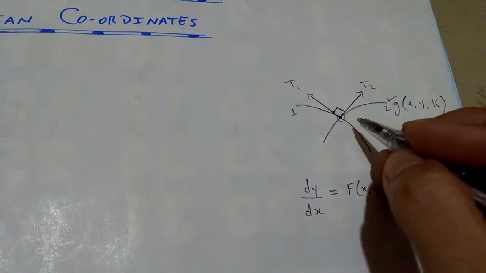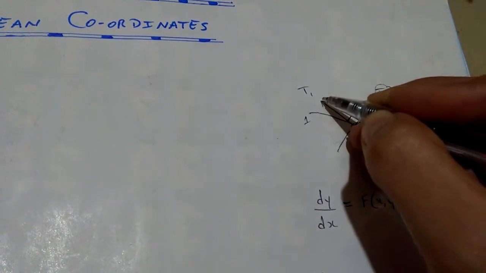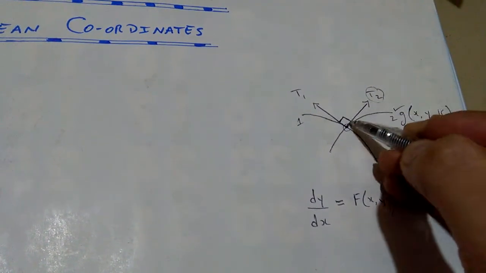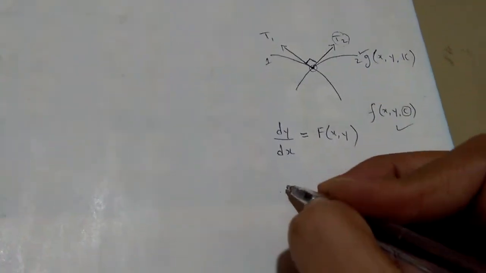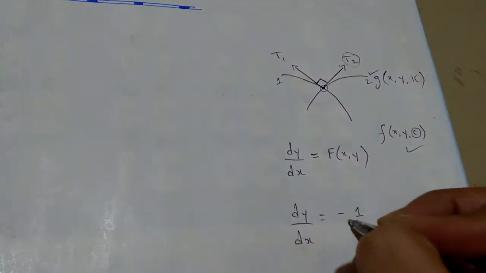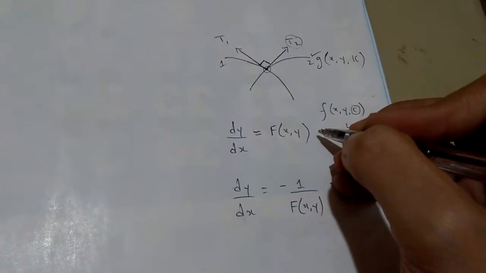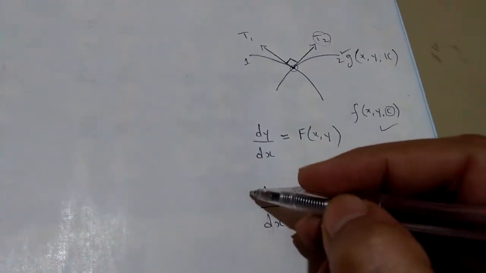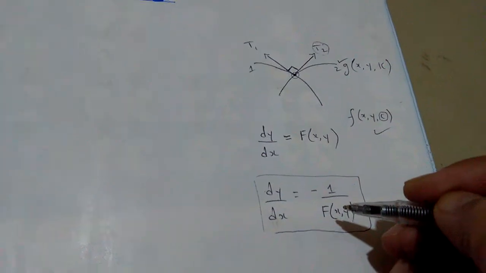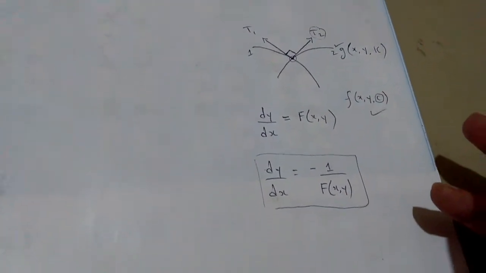As this tangent is orthogonal, or perpendicular, to tangent 1, the slope of this tangent can be expressed as the negative reciprocal of this slope. Then I will have a nice differential equation that I can solve by several methods we have discussed in previous videos.